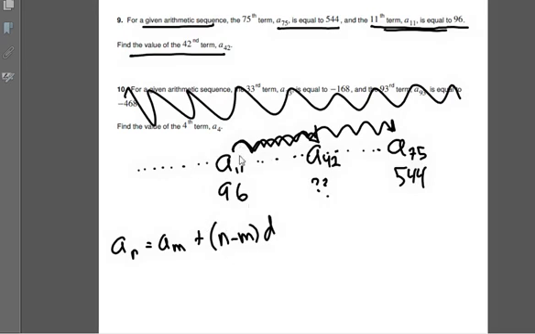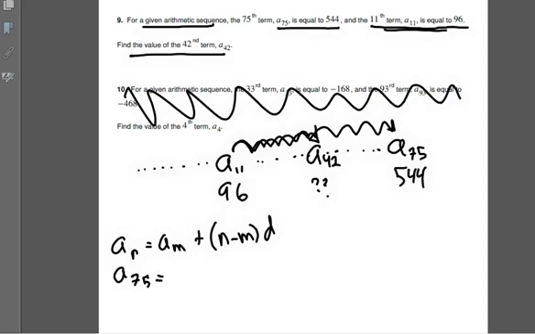And I always like to have the nth term as the final position, my rightmost position, equal to m as the leftmost position. It doesn't necessarily have to be that way. You could switch n and m, but then everything else has to align with that. But I'm going to follow that convention that the n is the rightmost term.